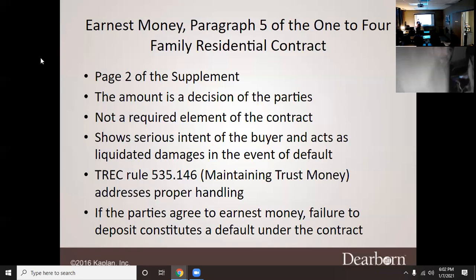Okay? It needs to be written, and it can only go into your broker's escrow account, not your broker's operating account. So you have to ask your broker, do you have an escrow account? I used to have an escrow account because I used to deal with property management. If you're dealing with property management, you have to have an escrow account.